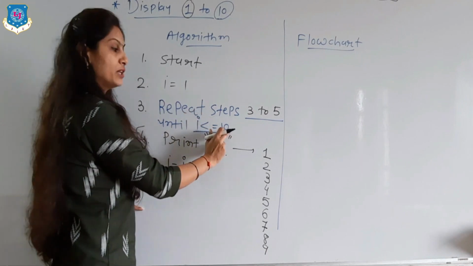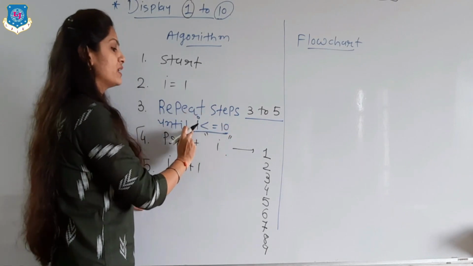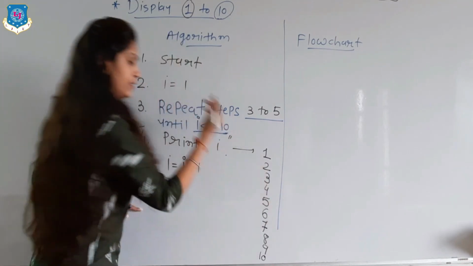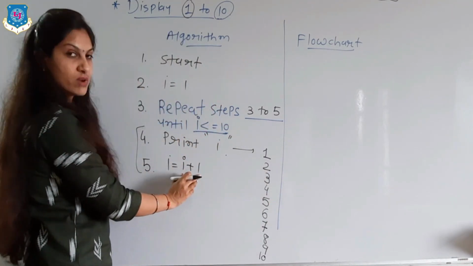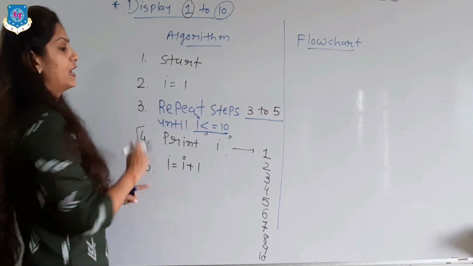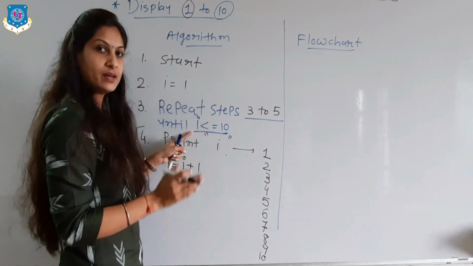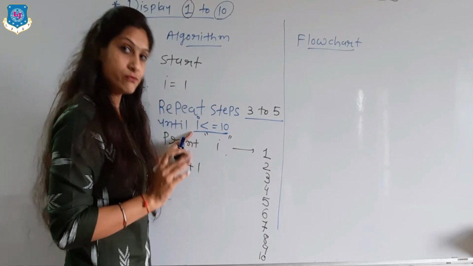10 equal to 10. It is not less than, but 10 is equal to 10. Condition true. Print 10. Now 10 plus 1, that is 11. And 11 is not less than or equal to 10. Means our condition becomes false.